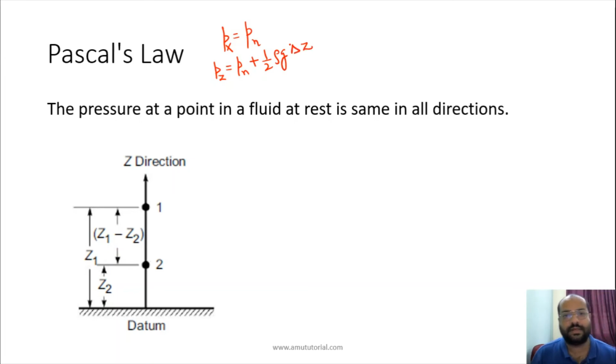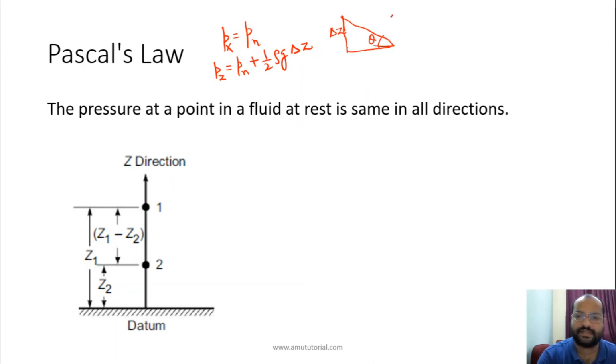These two were the conclusions that we derived from our previous illustration. But now suppose the wedge was like this. This is delta z and this is theta.